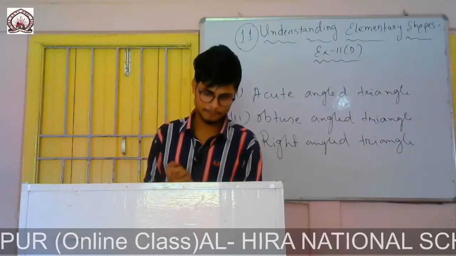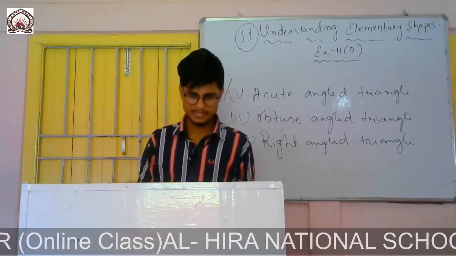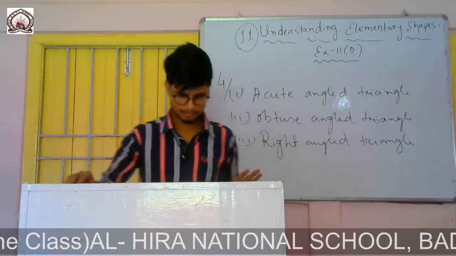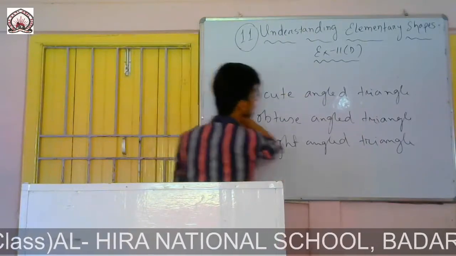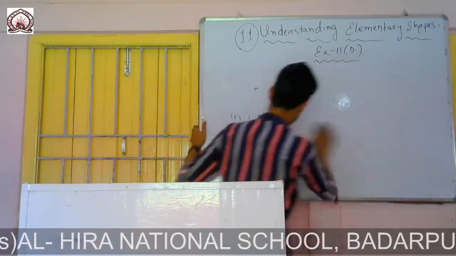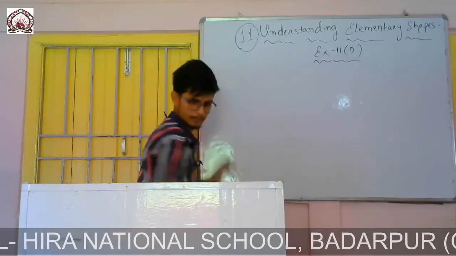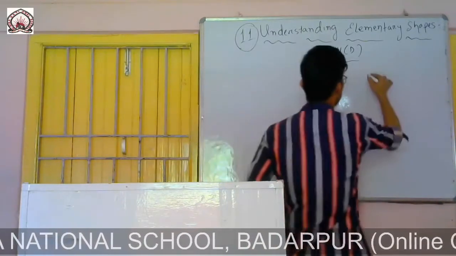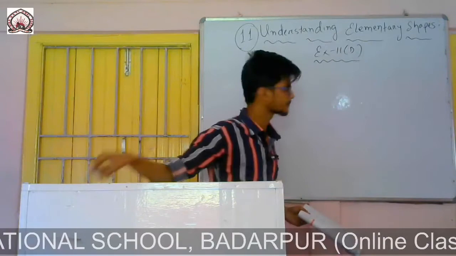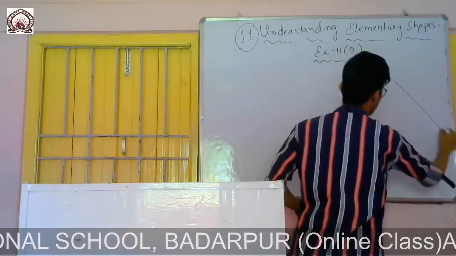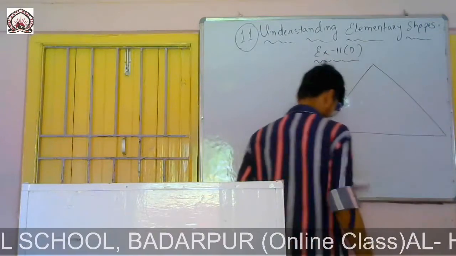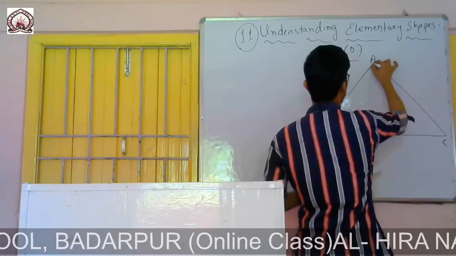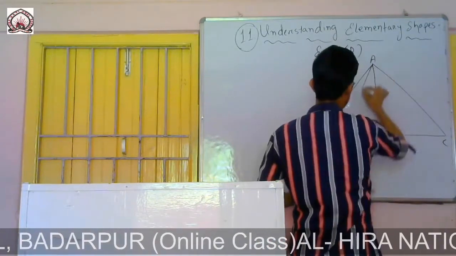So now question number 5. There is a figure given. From this you are to name the equilateral triangle, isosceles, scalene, obtuse. We'll do one by one. There is a triangle ABC, one perpendicular line and two angles.